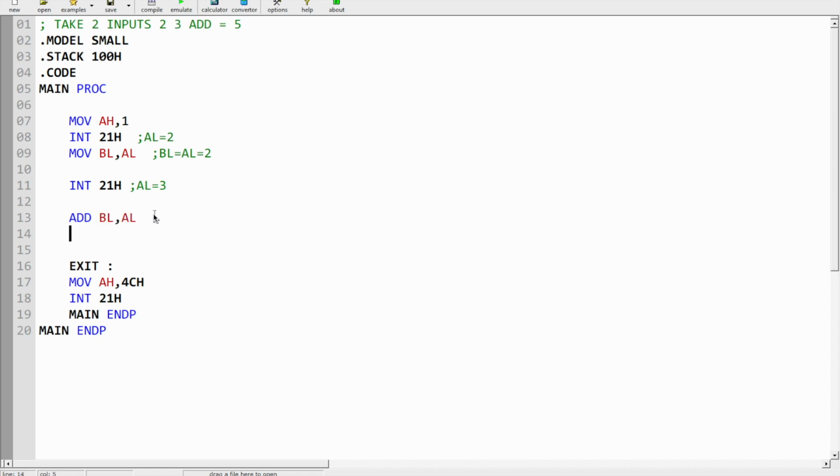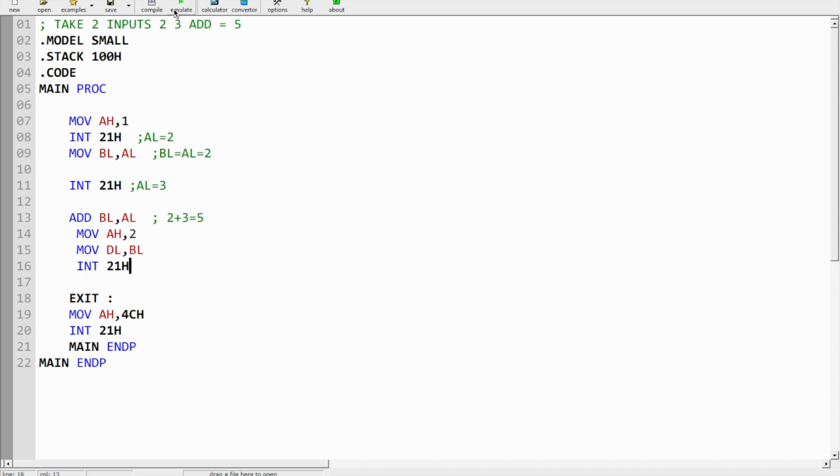It's supposed to do 2 plus 3 equals 5. And if we print it, mov ah, 2, mov dl, bl, it should give us what we want.